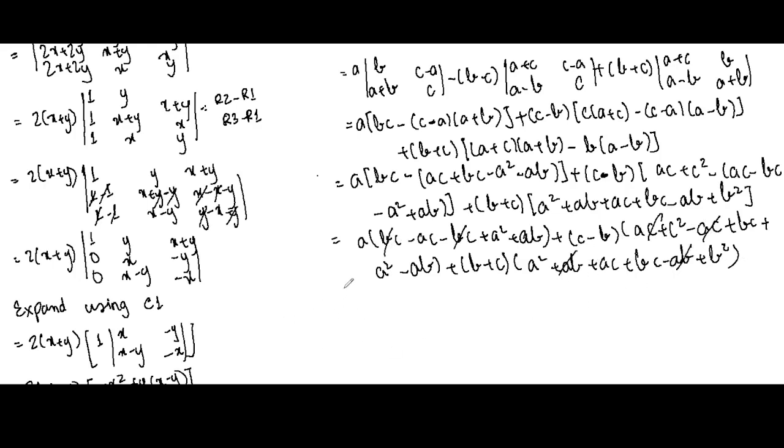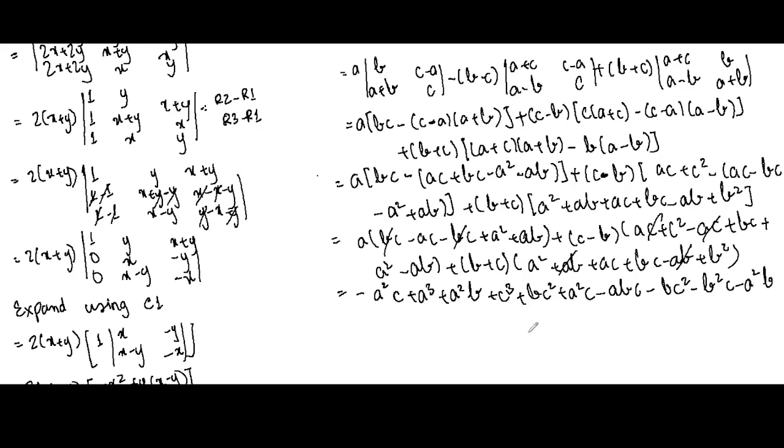Now let's solve it. A multiplied with this bracket, we get minus a square c plus a cube plus a square b. Now c multiplied with this bracket, we get plus c cube plus bc square plus a square c minus abc. Now b multiplied with this entire bracket, we get minus bc square minus b square c minus a square b plus a b square, right?